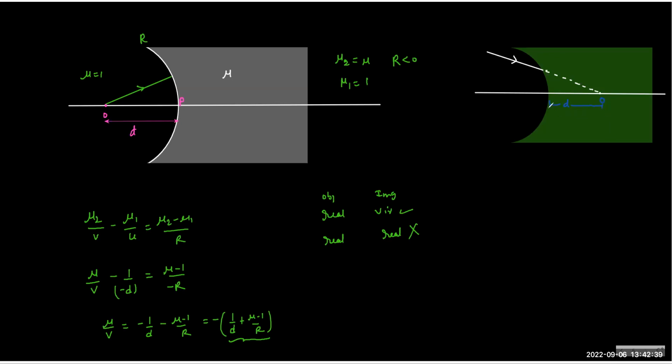D is here, P is here. So tell me what we can write again. It's the same equation, but the u will change sign. Mu2 by V, 1 by plus D, right? Is this clear? So luckily what we're getting is a different answer.